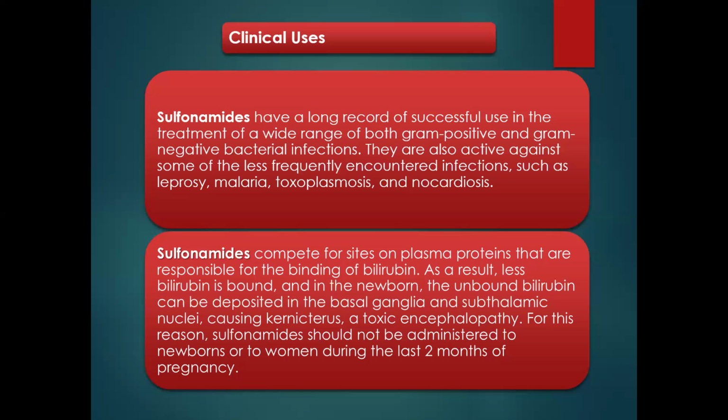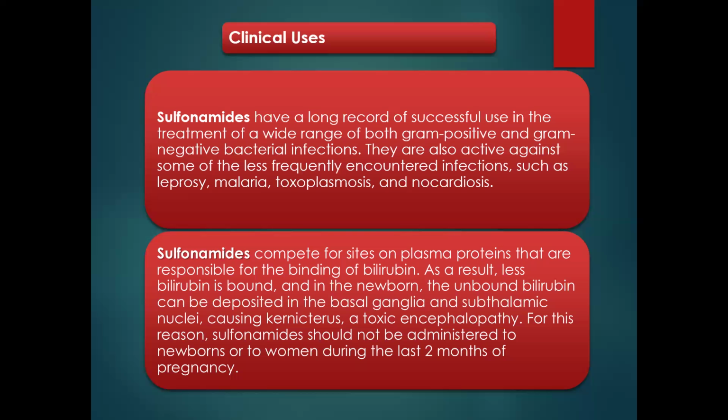What this means by implication is that taking sulfonamides when a woman is pregnant, especially during the last 2 months of pregnancy, or giving them to a baby, has consequences.